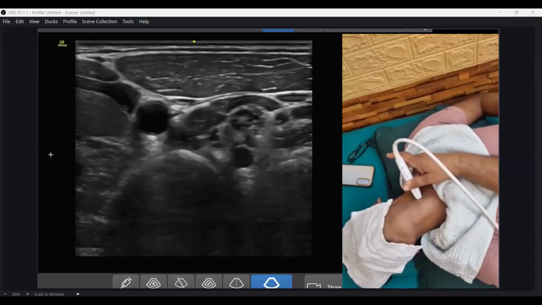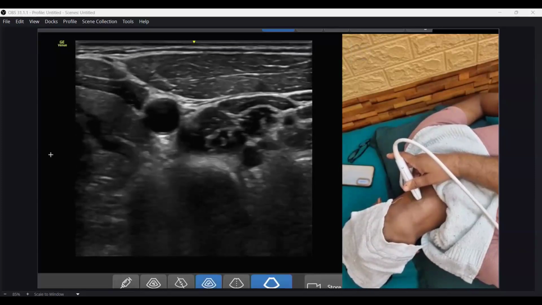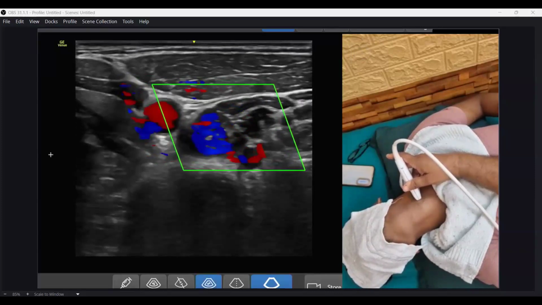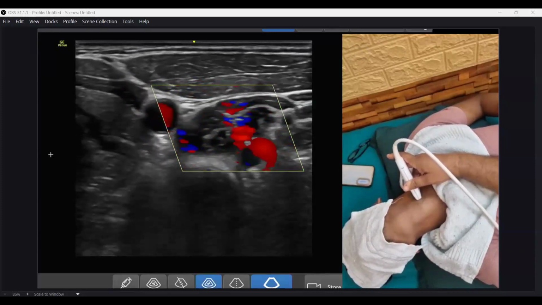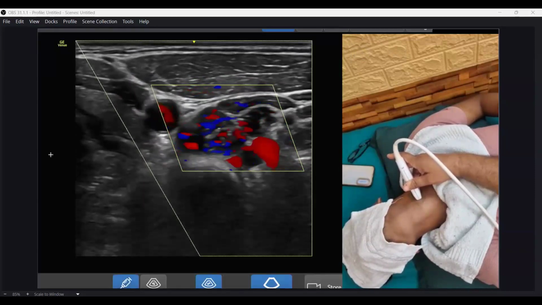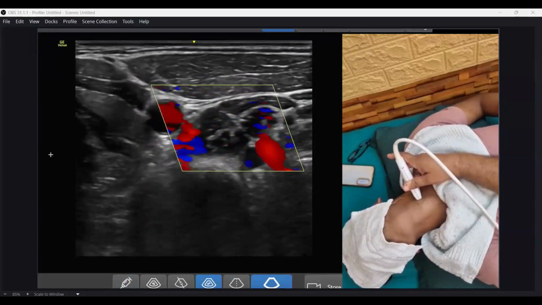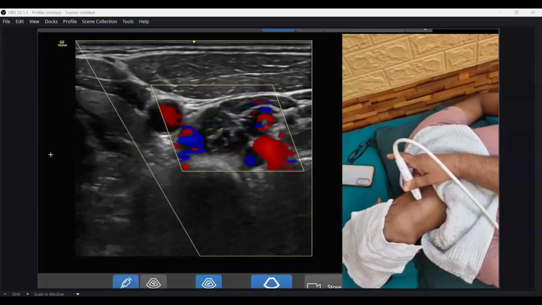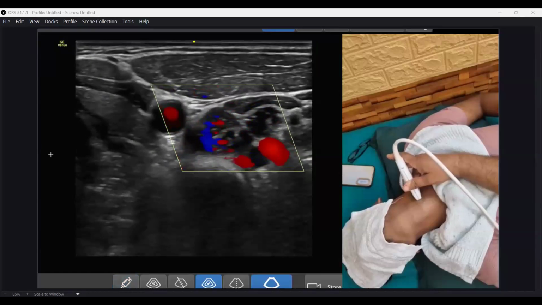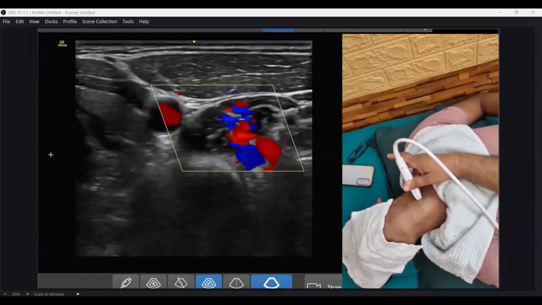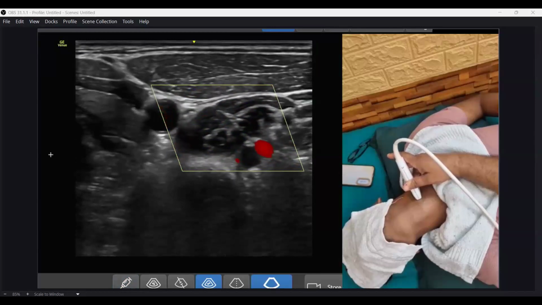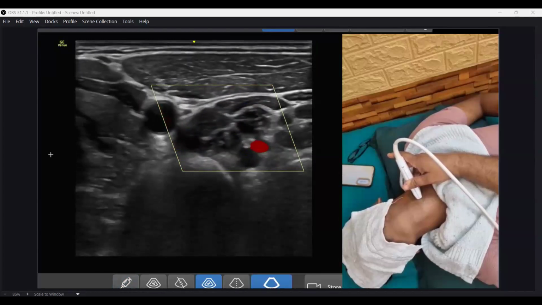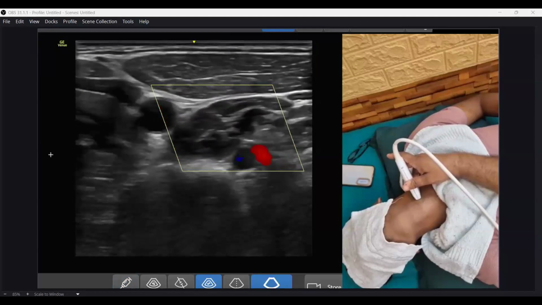Okay, so if we give color, let us reduce the gain. Now we can see the vertebral artery in our view.